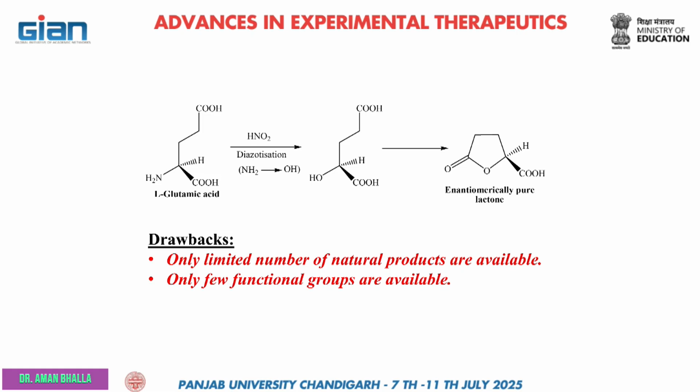You just convert the NH2 to the corresponding OH, diazotization, and then you do the cyclization. What is cyclization? Acid reacts with alcohol to give you what? Esters. So in this case, if you do this cyclization of OH and COOH, you get that cyclic product.